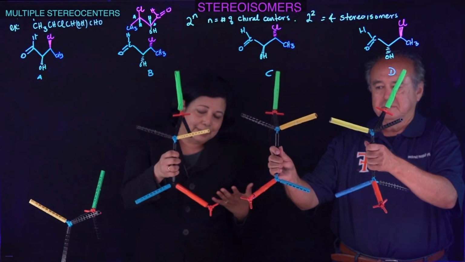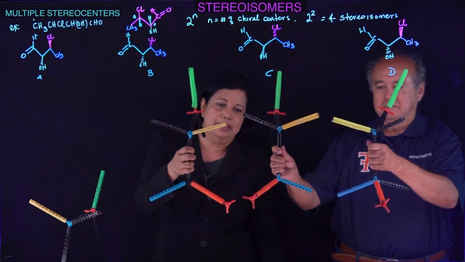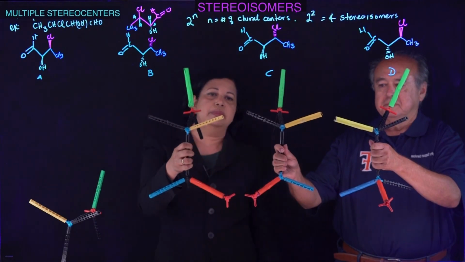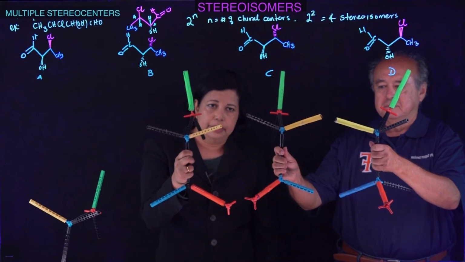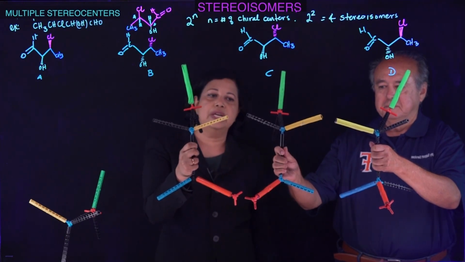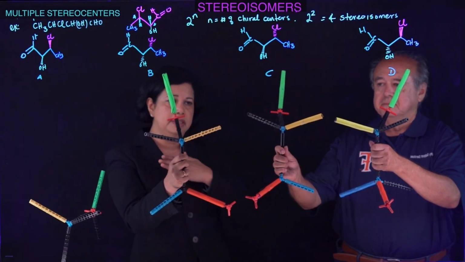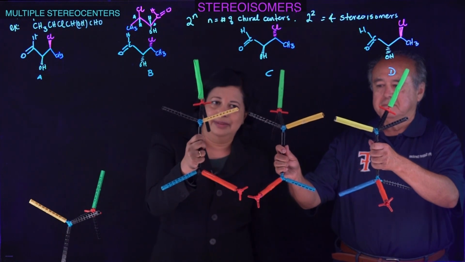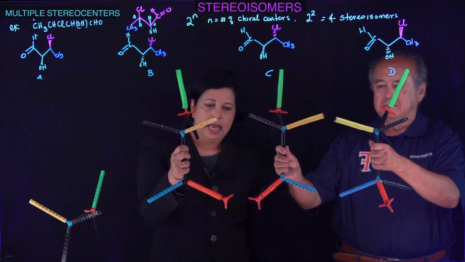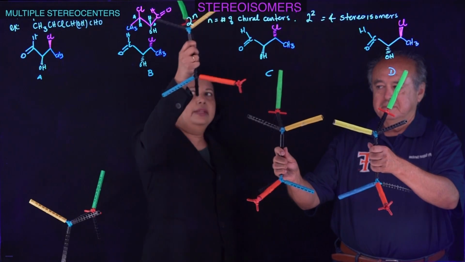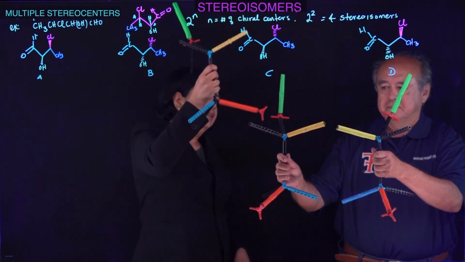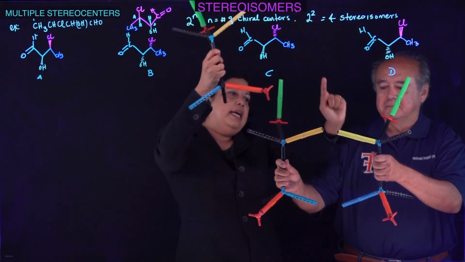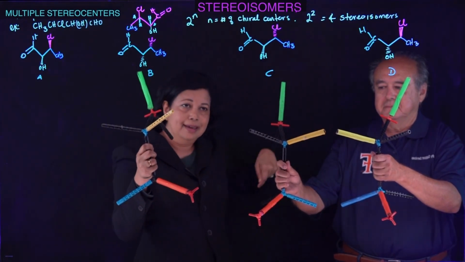We have a special name for them. That's diastereomers. All right? So diastereomers are stereoisomers that are not mirror images. So stereoisomers that are not enantiomers can be diastereomers over here. All right, and it would be the same with A and D. As you can see with A and D, these are on the same side, these are on the opposite sides.